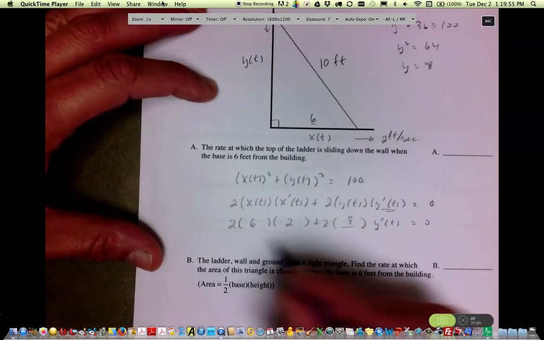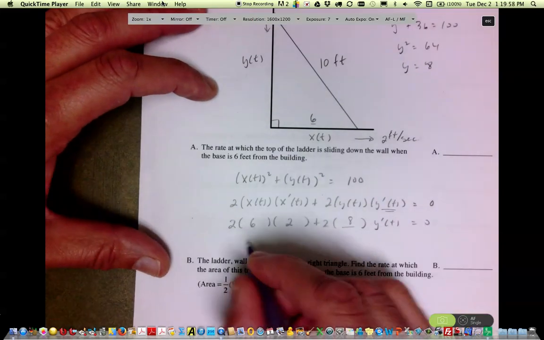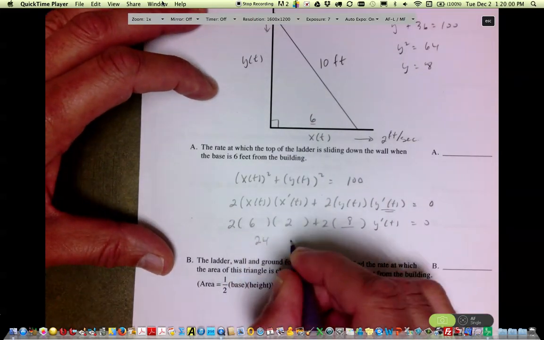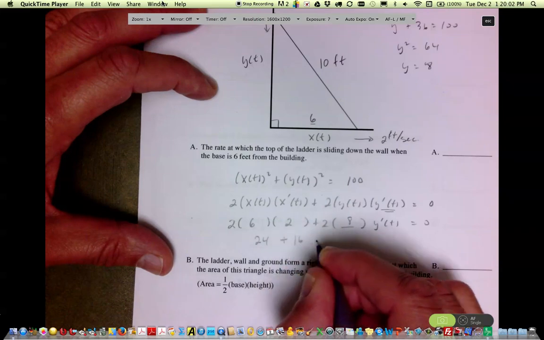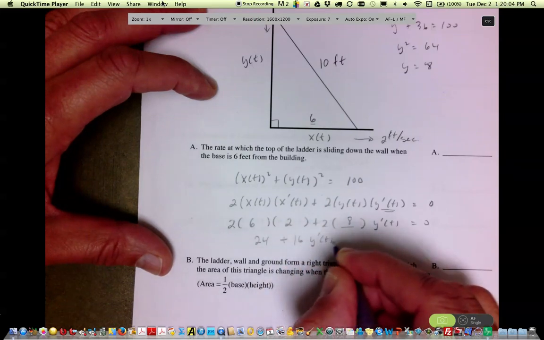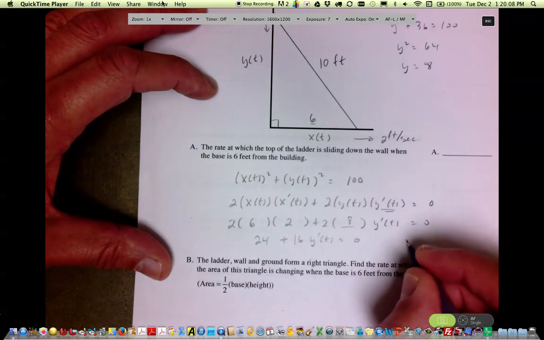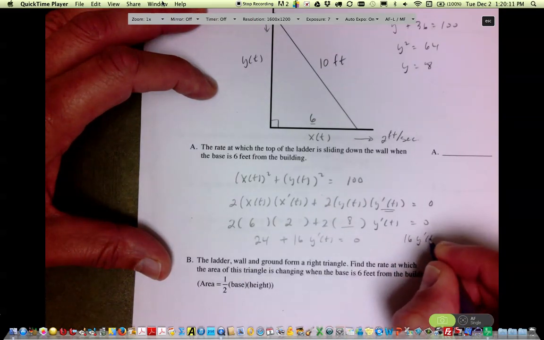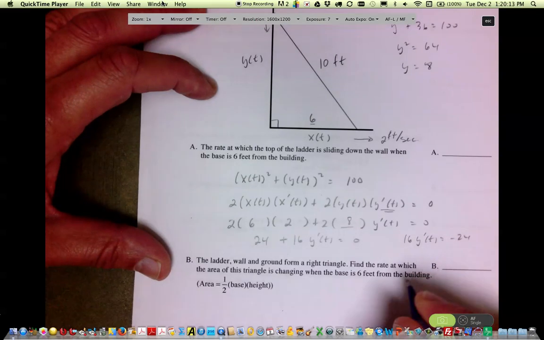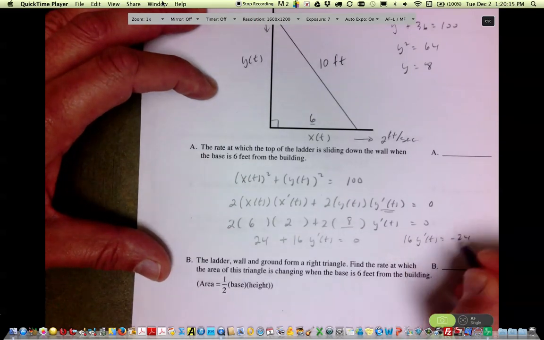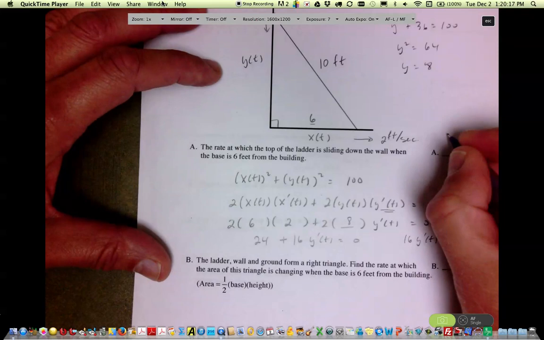Now we want to solve for y prime. We've got 24 plus 16 y prime of t equal to 0. Subtracting the 24 over, 16 times y prime of t is equal to negative 24, so y prime is negative 24 over 16.